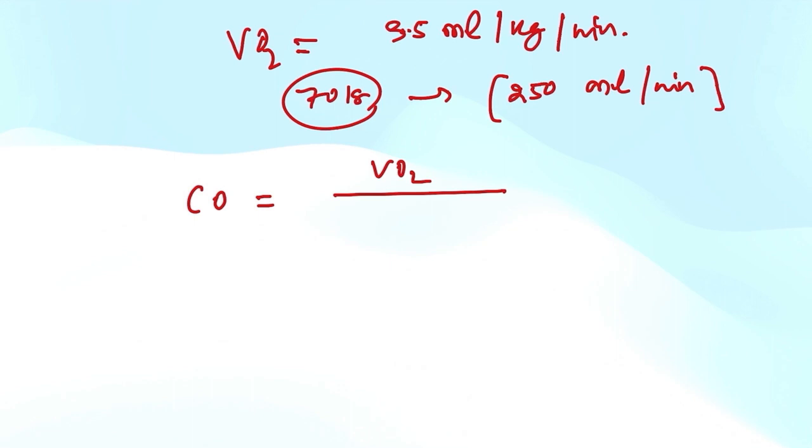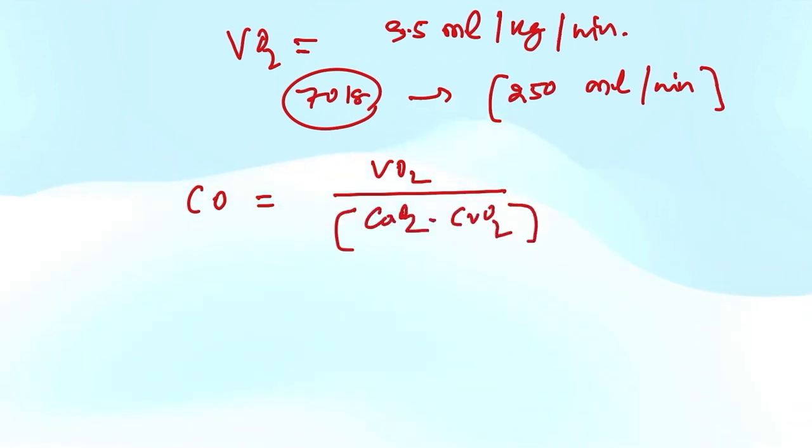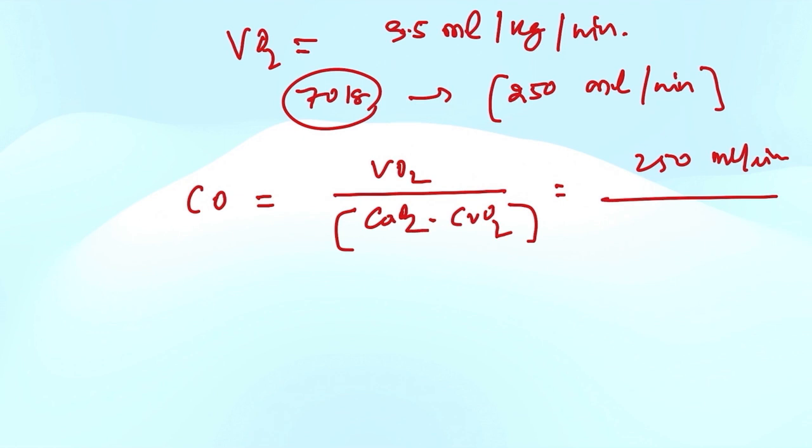So cardiac output equals VO2 divided by the arterial and venous oxygen content difference, which is 250 divided by the values we calculated previously, 13.5 minus 8.2, and remember we need to modify these units to ml per liter.